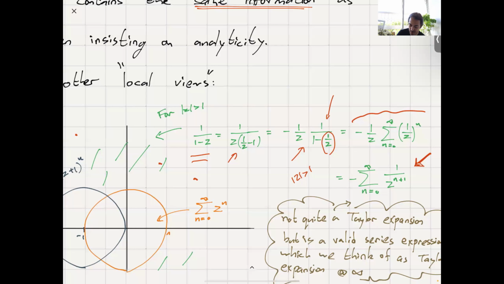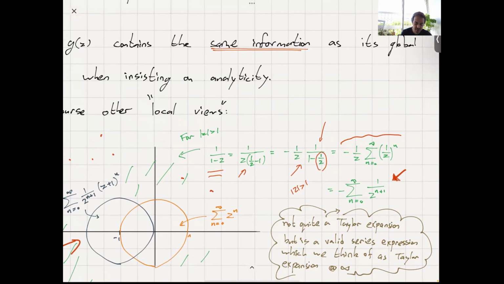So this is, in our language, a Taylor series expansion around infinity. From here, you can also evaluate this at z equals 2, and you should get -1, because you get minus 1 half plus a quarter and so forth.